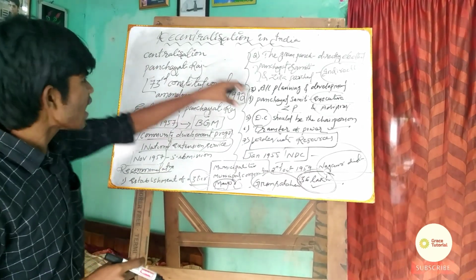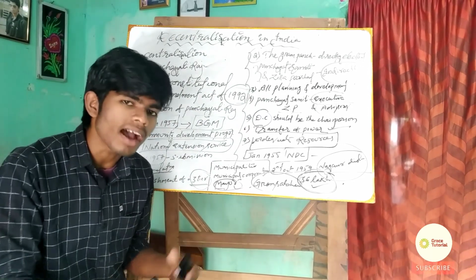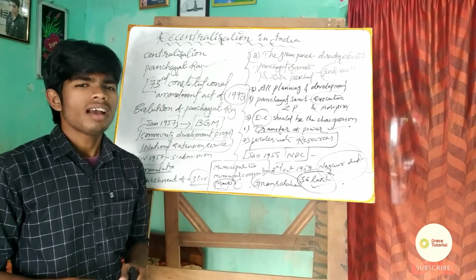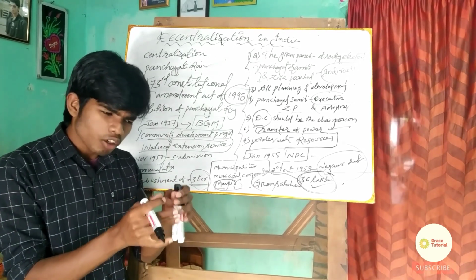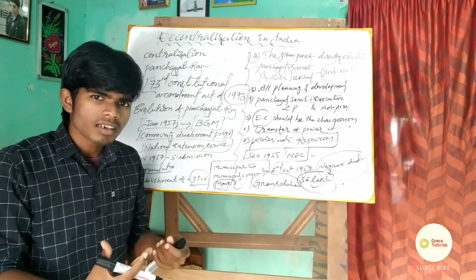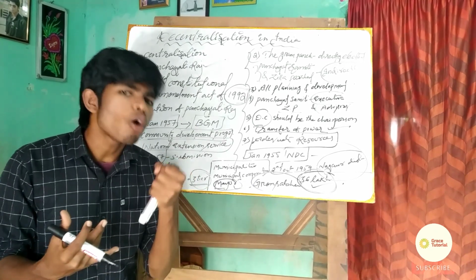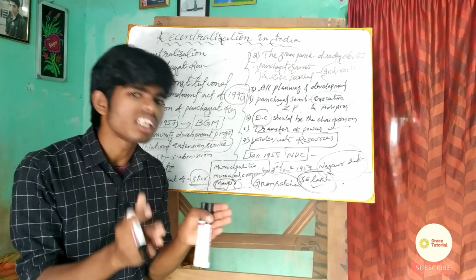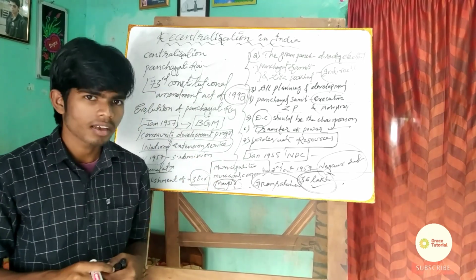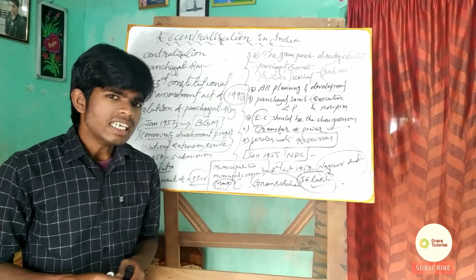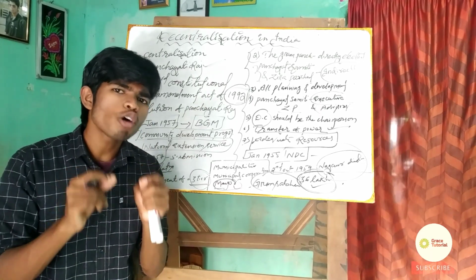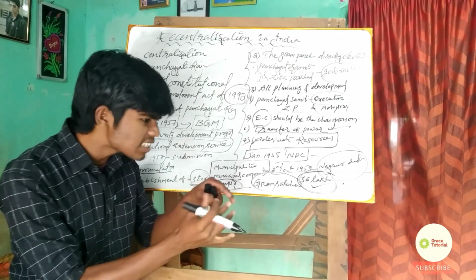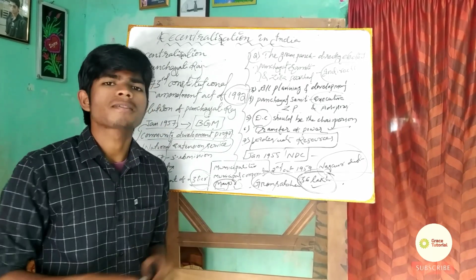Whenever this decentralization was established in India, it strengthened democracy. So in order to build democracy at the grassroots level, this was established. Before that, there was no recognition for the voice of women and of the scheduled castes and scheduled tribes in these bodies.